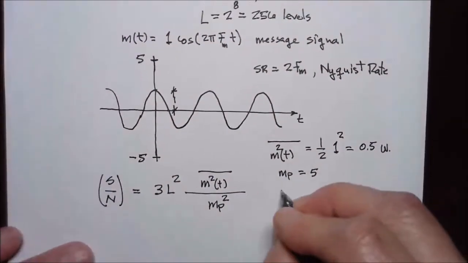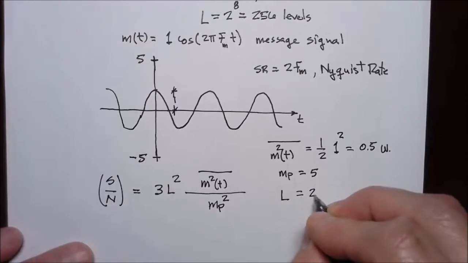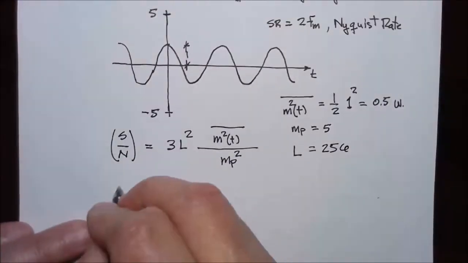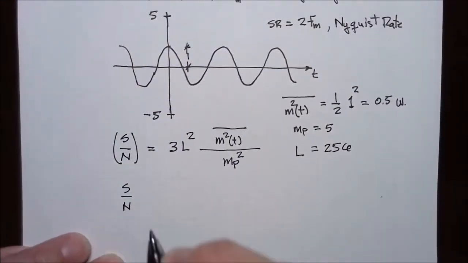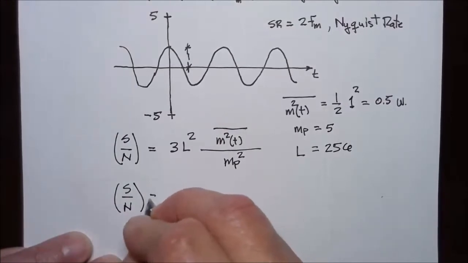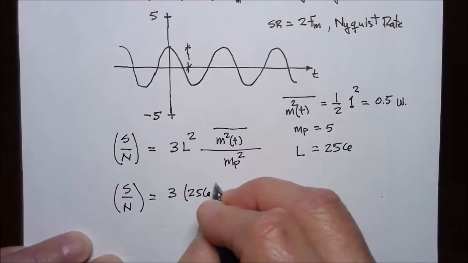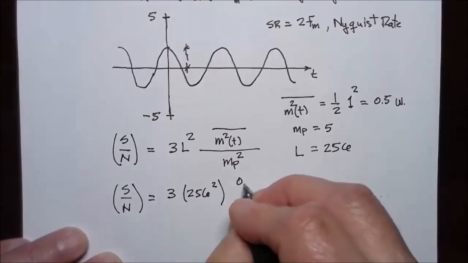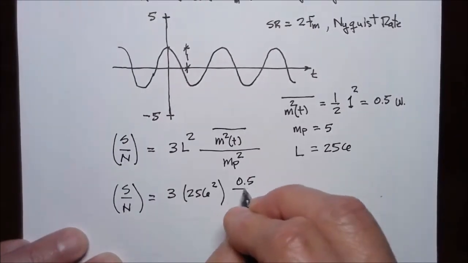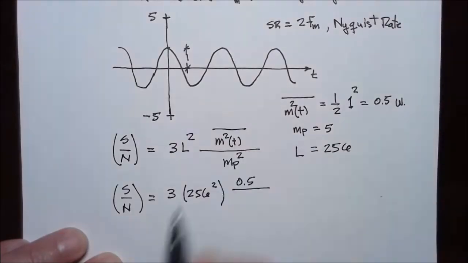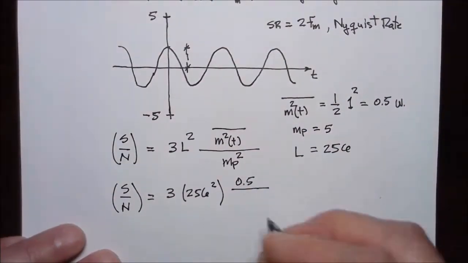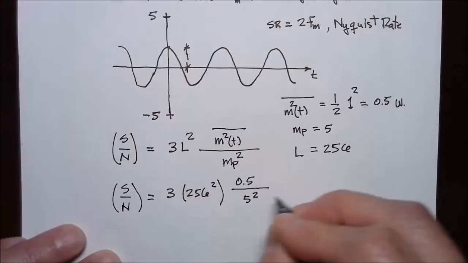And the number of levels is equal to 256. So the signal to noise ratio is simply going to be 3 times 256 squared times 0.5, that's the message signal power, divided by 5 squared.